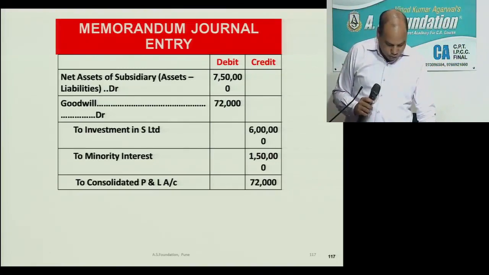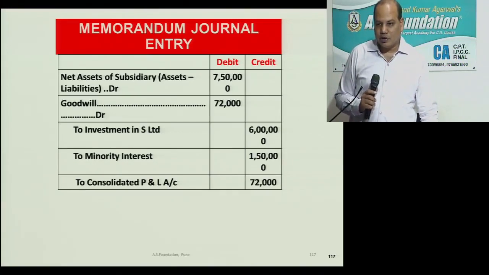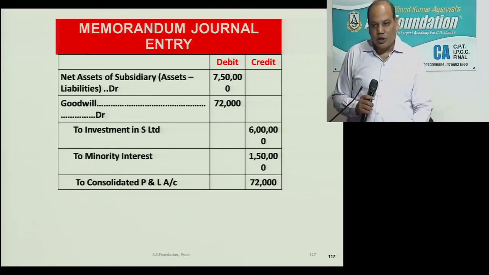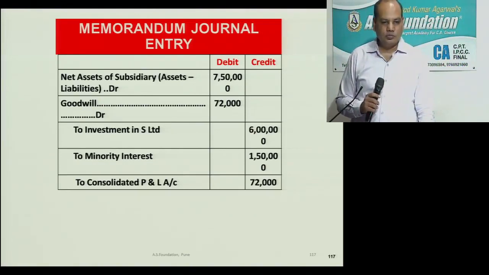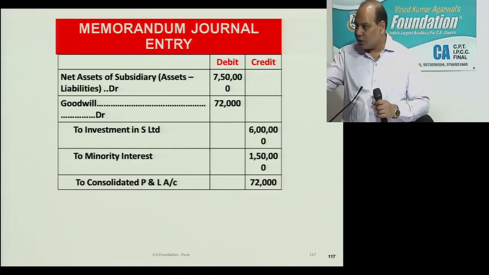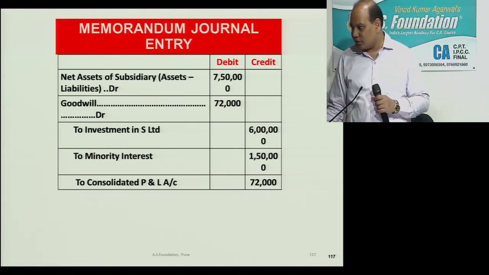And the post-acquisition net asset is 7 lakh 50,000. So what is the increase in the net asset of the subsidiary? 90,000.